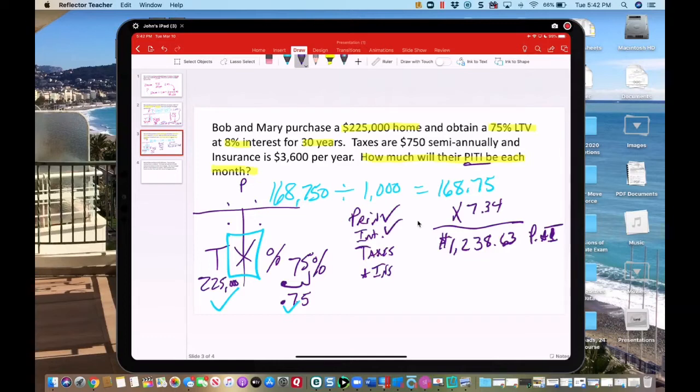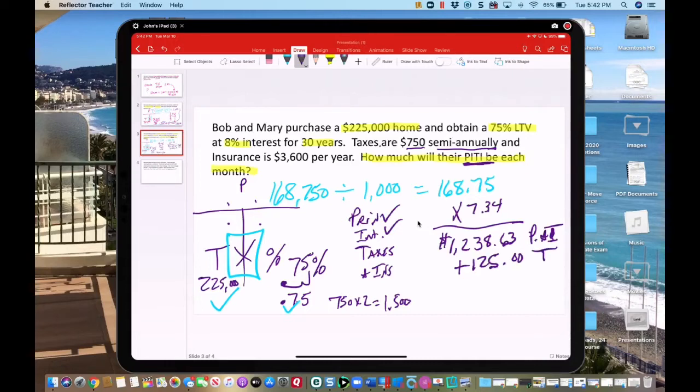The problem was to know what's the principal, interest, taxes, and insurance. Well, taxes are $750 semi-annually, or if we take $750 times 2, taxes are $1,500 a year. So $1,500 a year divided by 12 is $125. We've got to add that on, right?